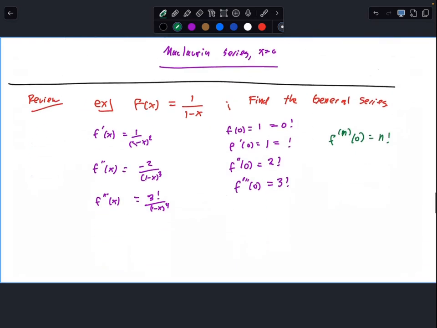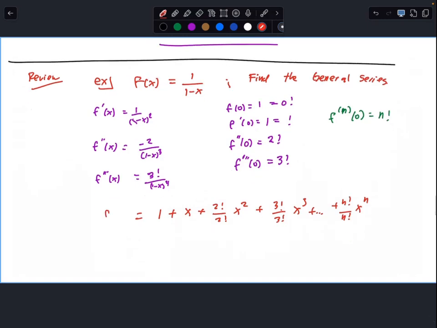So we can write this as 1 plus x plus 2 factorial over 2 factorial x squared plus 3 factorial over 3 factorial x to the third plus dot dot dot plus n factorial over n factorial x to the n.